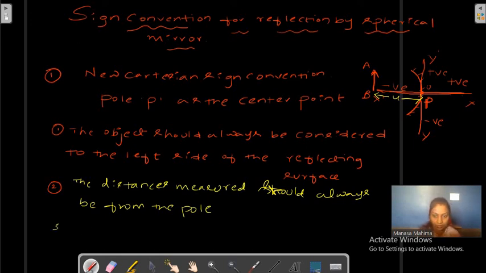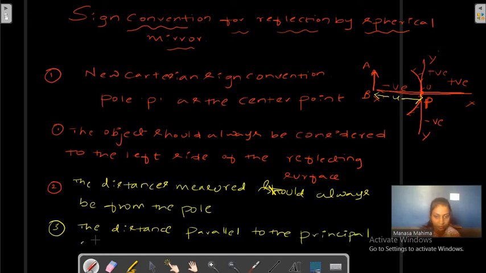Okay. The third point. What is the third point? The distances parallel to the principal axis are always measured from the pole.